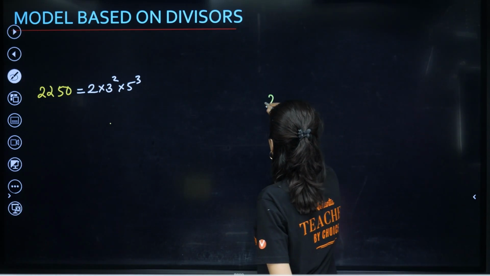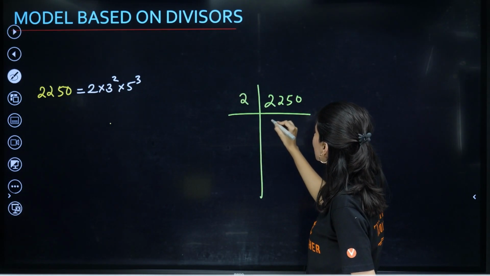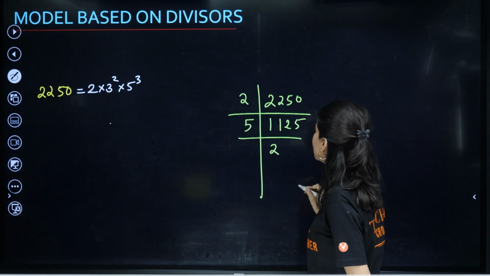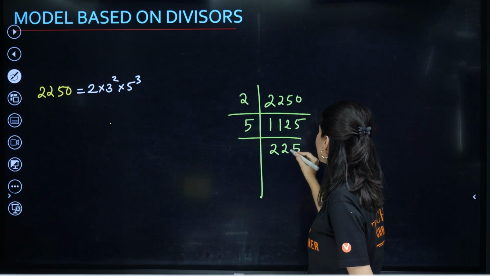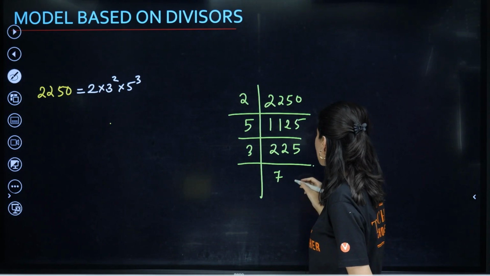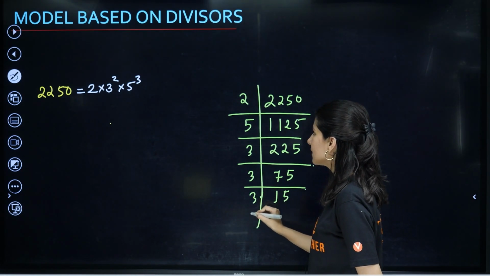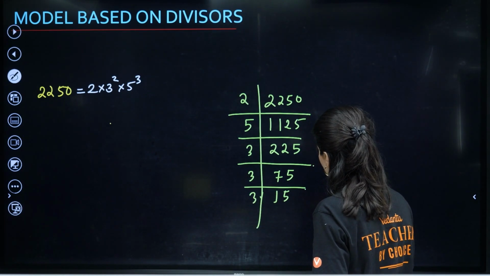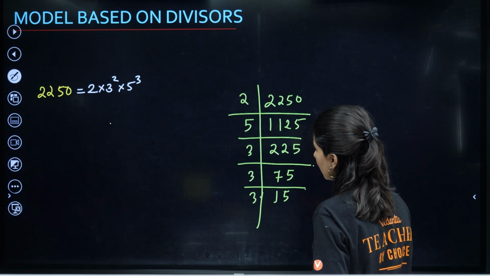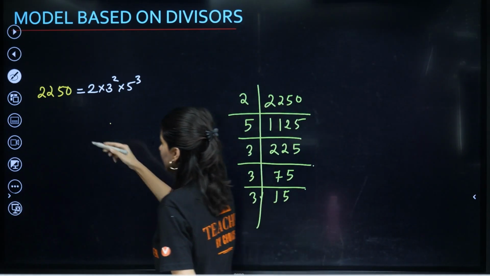first of all you will do the prime factorization of 2250. Take 2 out: 1125. Then take 5 out: 225. Then 3 out... hold on, let me do it again.